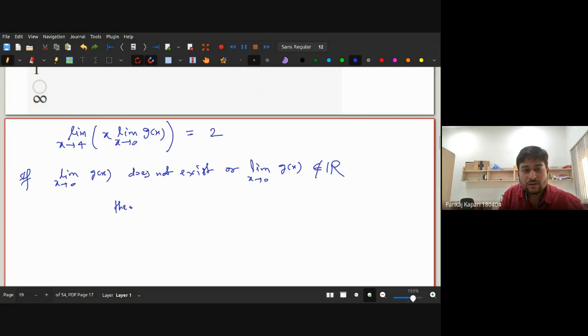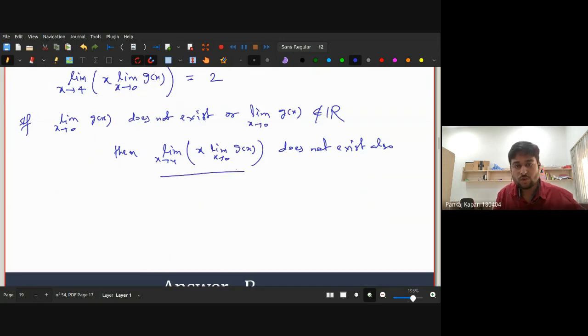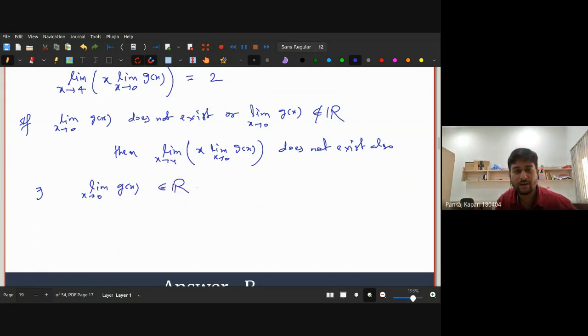Then the limit as x goes to 4 of x times this thing should not exist either. But because this limit is 2, that means it exists. This implies that the limit as x goes to 0 of g(x) must belong to R. It should be a real number.